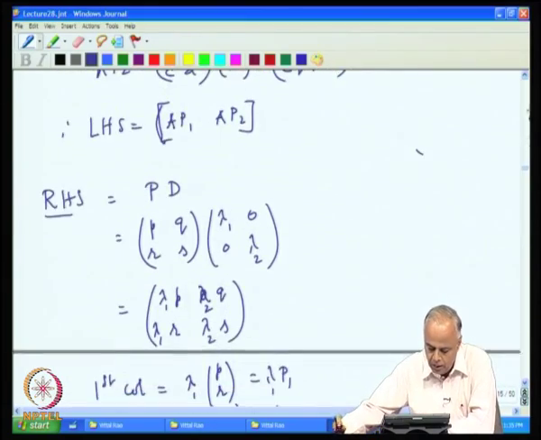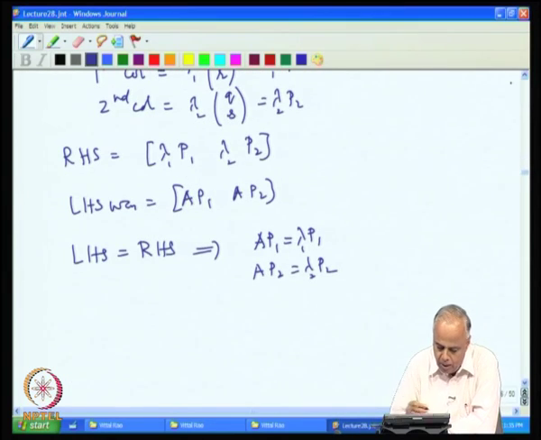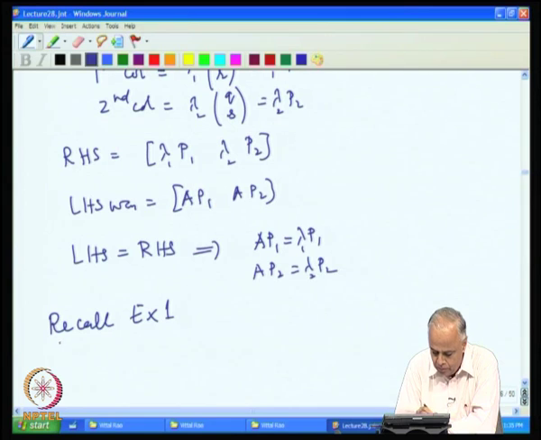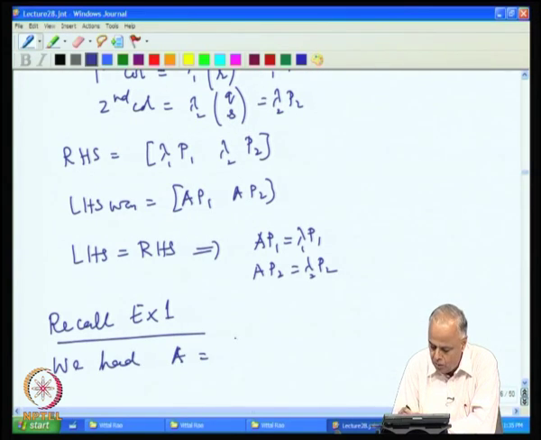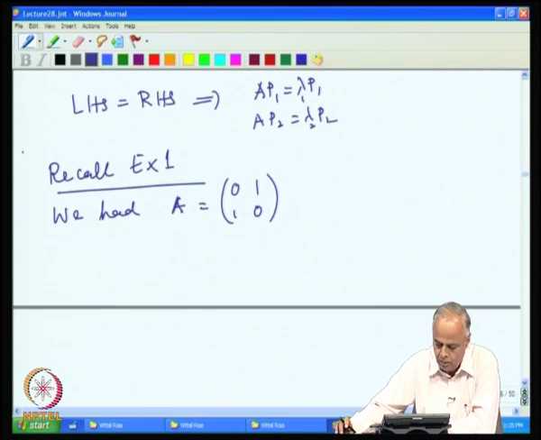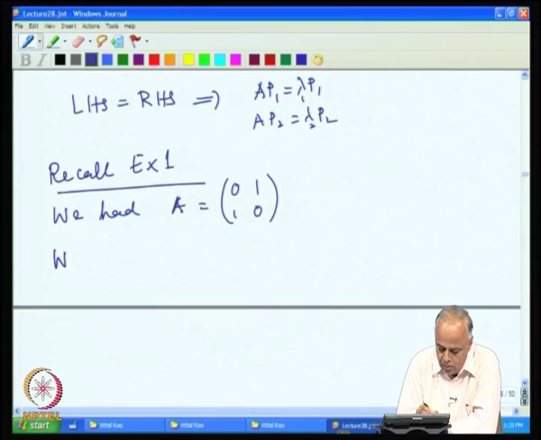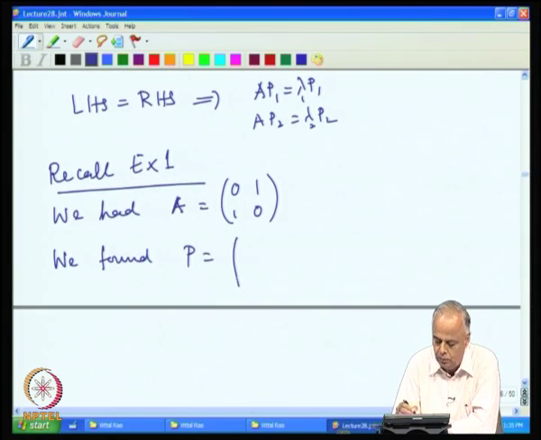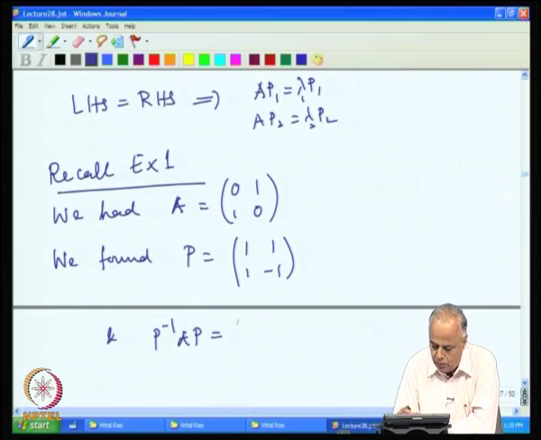Look at a very specific example. So, recall example 1, we had A was 0 1 1 0. We found P equal to 1 1 1 minus 1 and P inverse AP is equal to 1 0 0 minus 1.